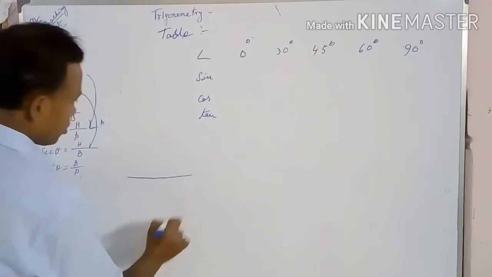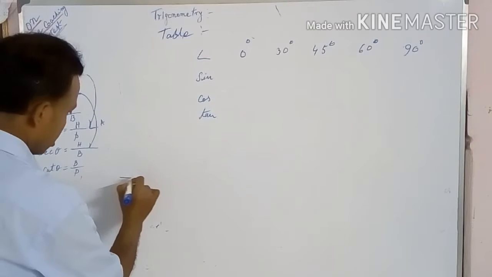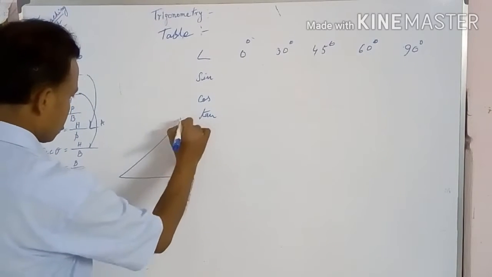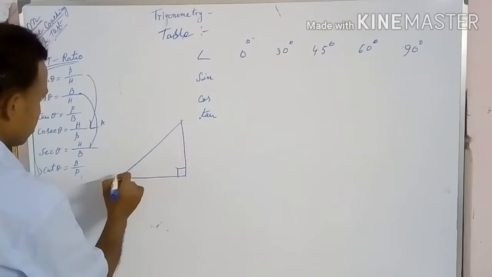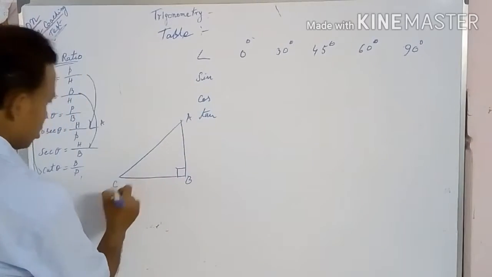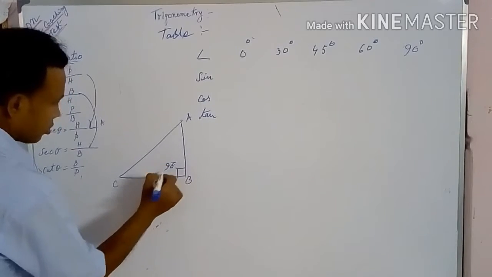Let us draw a right angle triangle. Suppose this is A, B, C, with the right angle at the point B. This is 90 degree.